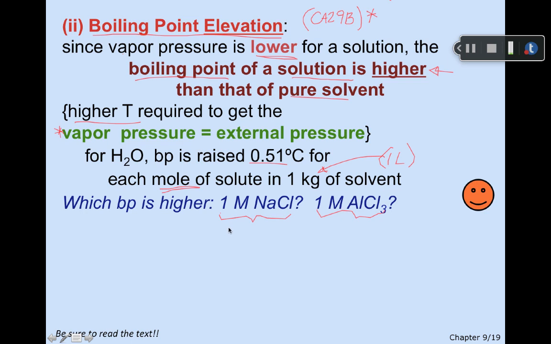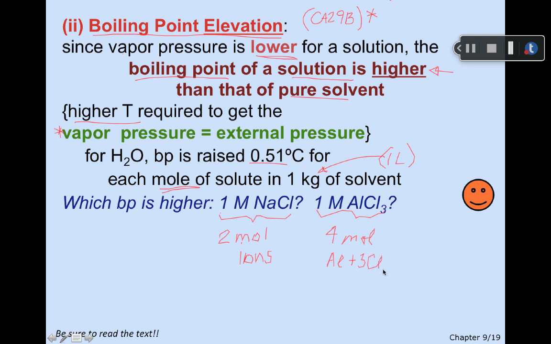1 mole per liter of sodium chloride has 2 moles of ions, and that's because you have 1 mole of sodium ions and 1 mole of chloride ions. And the number of moles of solute for the aluminum chloride is a total of 4 moles of ions, because you have 1 mole of aluminum and 3 moles of separated chloride ions.